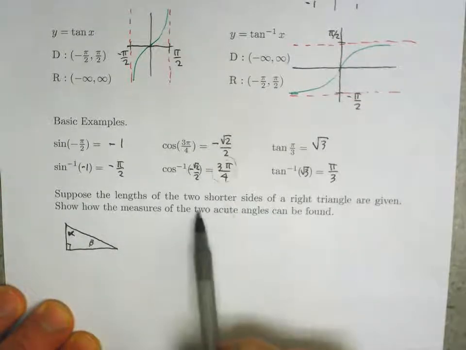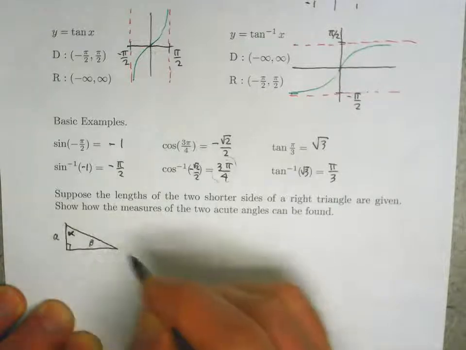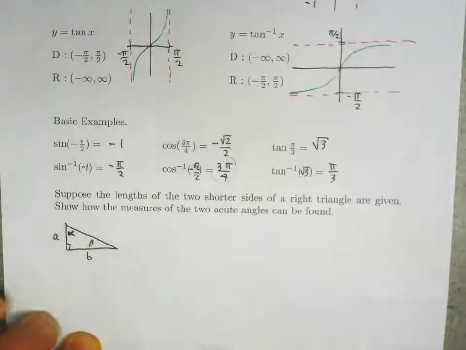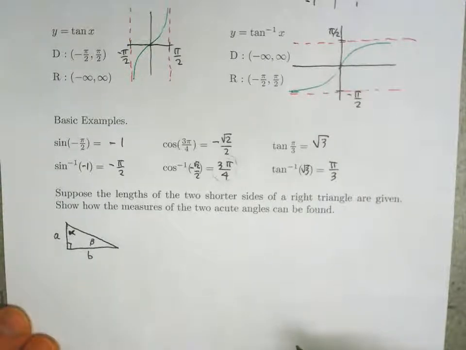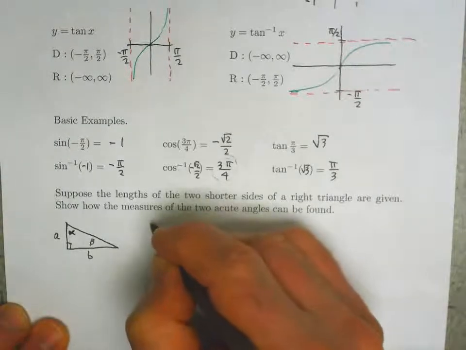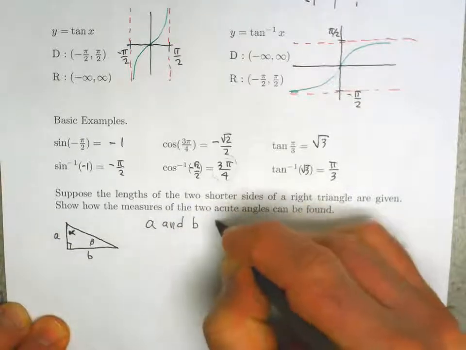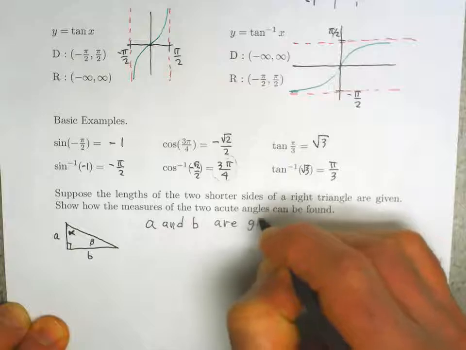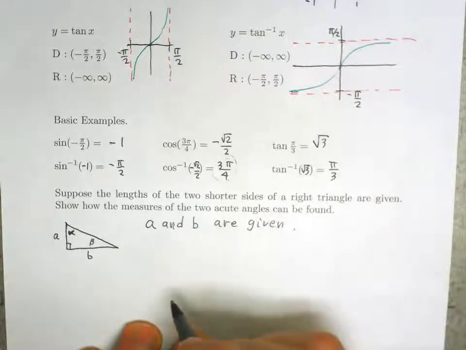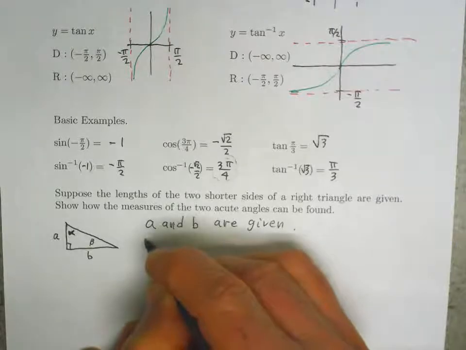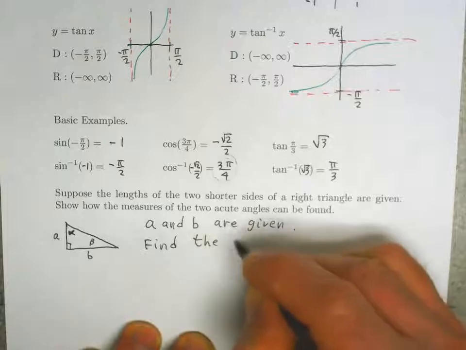And we're given the lengths of the two shorter sides. So let's call those A and B. So just to reiterate, A and B are given quantities. And that's enough information to find the values of alpha and beta.